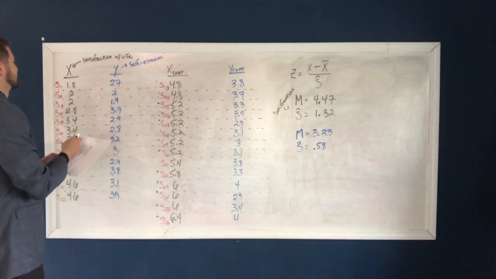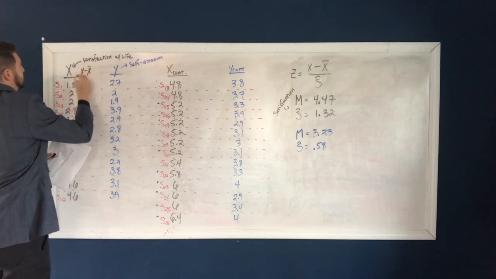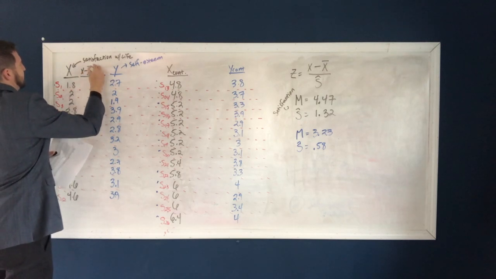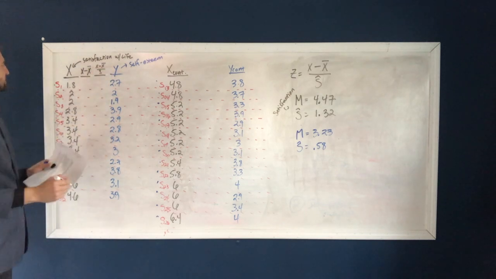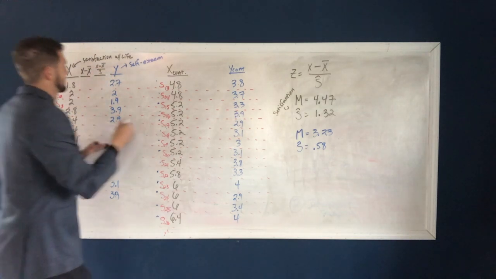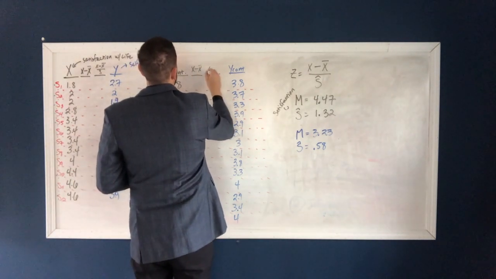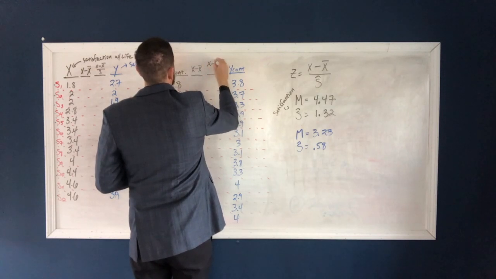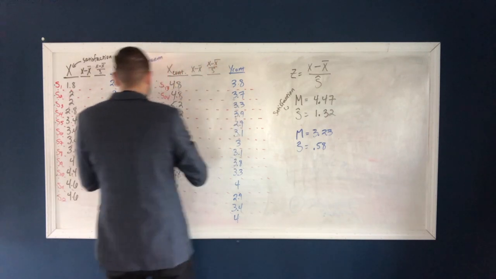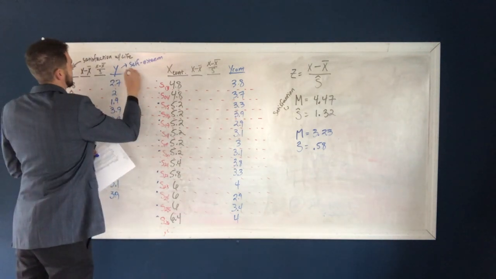So the best way to do this is just add columns. So we're going to have a column that's going to be x minus the mean, right? And then x minus the mean divided by the standard deviation. Okay. So we'll just add it here. X minus the mean. X minus the mean divided by the standard deviation. And we'll do the same thing over here.